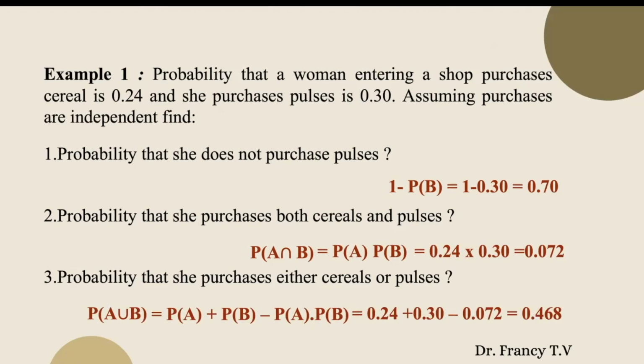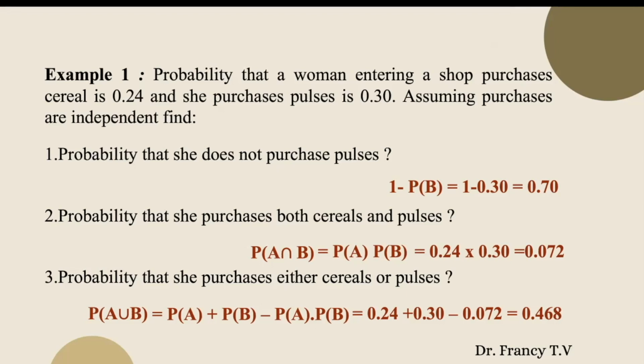I hope that this is really simple. We have illustrated three concepts: probability of the complement, independence of events, and how the addition rule can be applied together with independence of events.